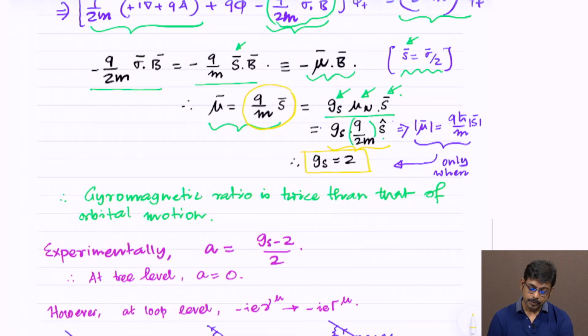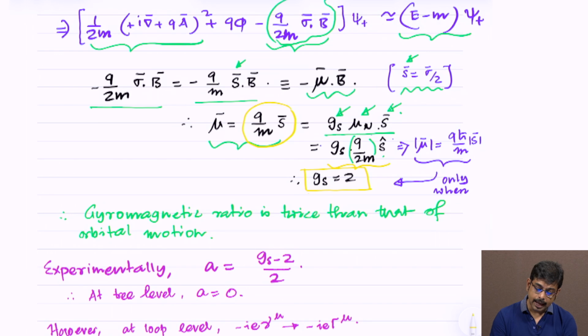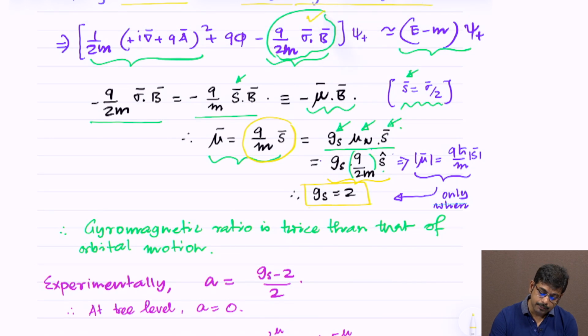Gs must be equal to 2. Once again, to repeat, this term in the equation is identified to be the mu dot B kind of interaction, and that mu is nothing but q by m into S. Once I write it in the generic form Gs into mu n into S, where mu n is defined as q by 2m, then Gs, the spin g factor, is identically equal to 2.